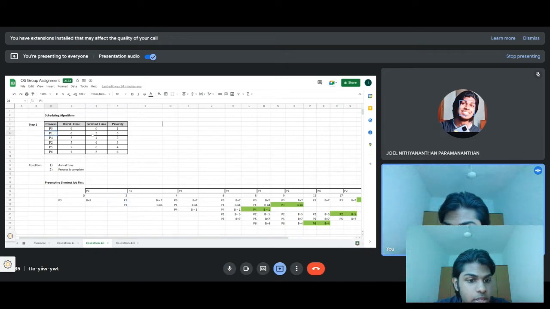Process 3's burst time will be 7 and process 1's burst time will be 6. The reason the burst time for process 3 is 7 is that we have deducted 2 milliseconds, and 9 minus 2 is 7.